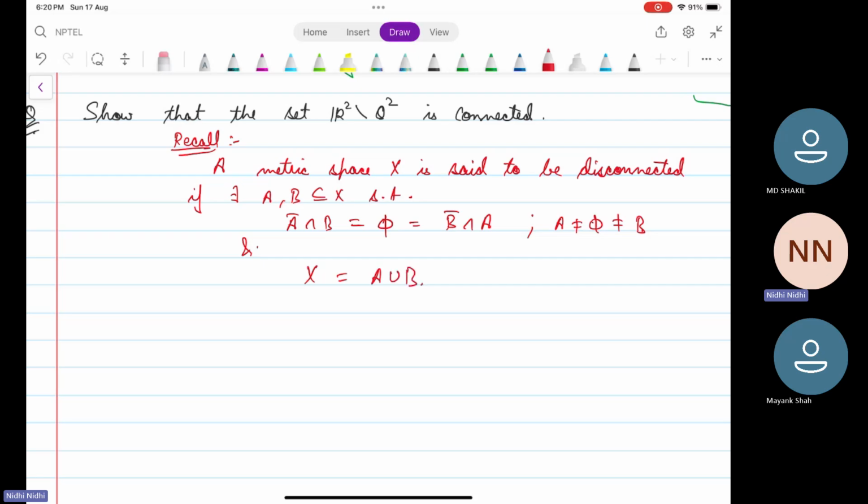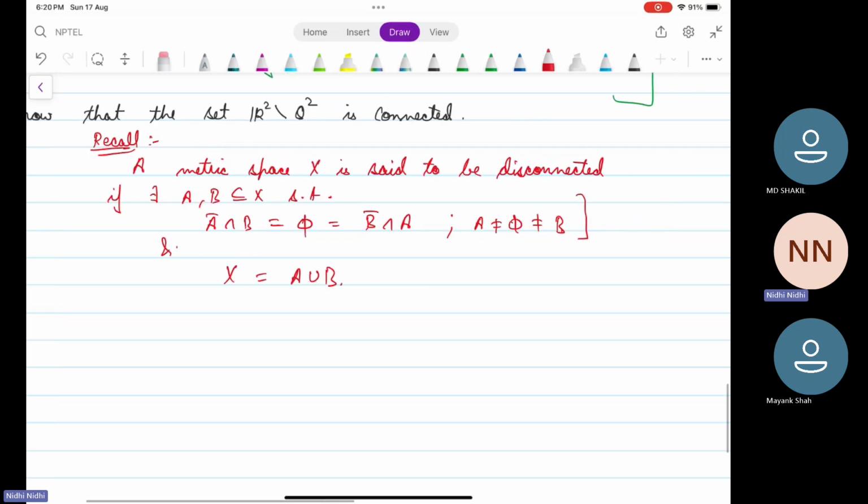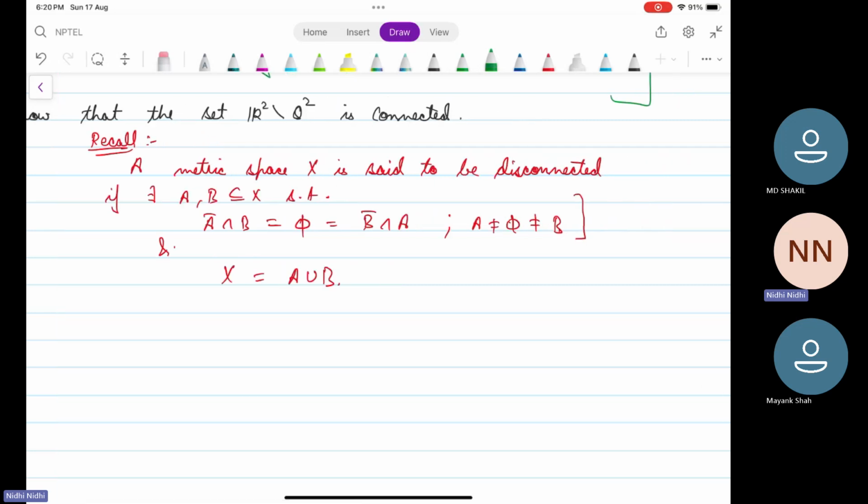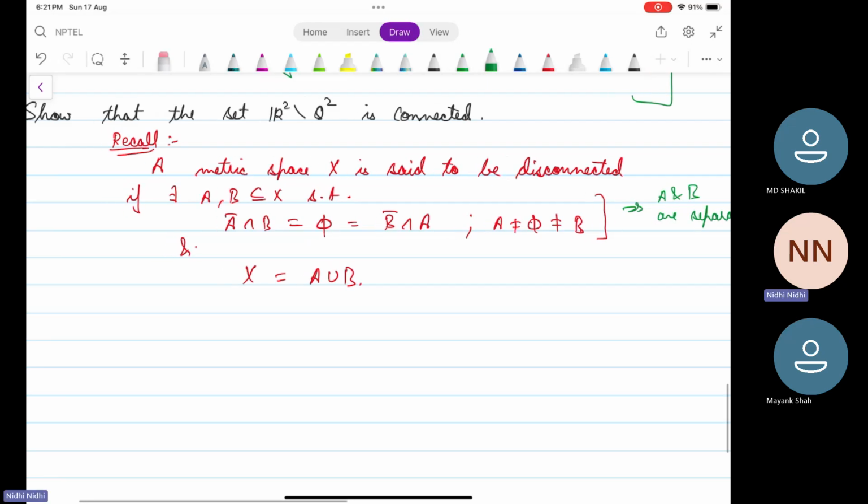So basically, if two sets satisfy this property that the closure of A intersection B is empty and the closure of B intersection A is empty, provided both sets are non-empty, we say that A and B are separated. So if we can write a metric space as a union of two separated sets, then it is said to be a disconnected space.